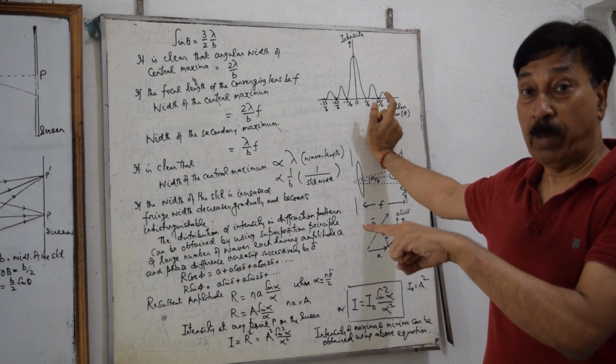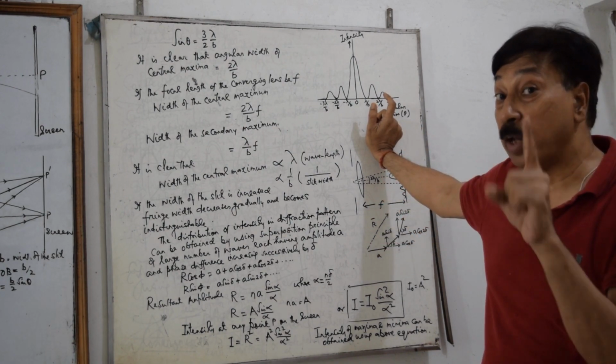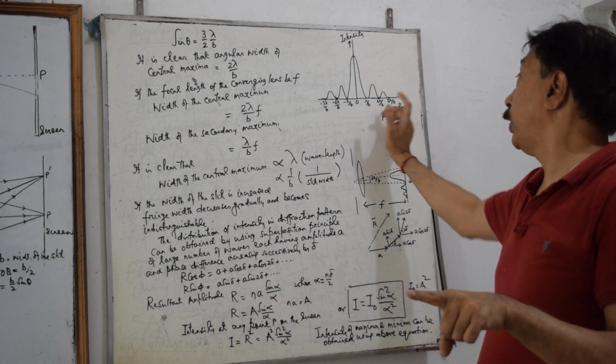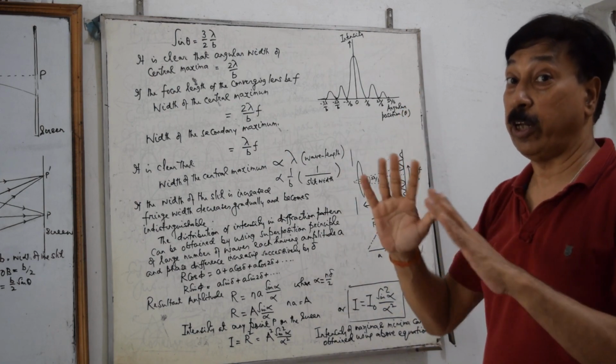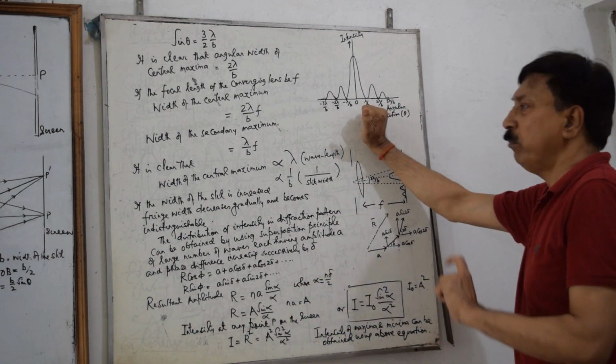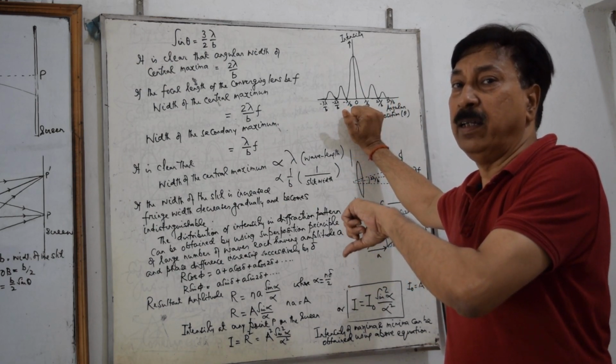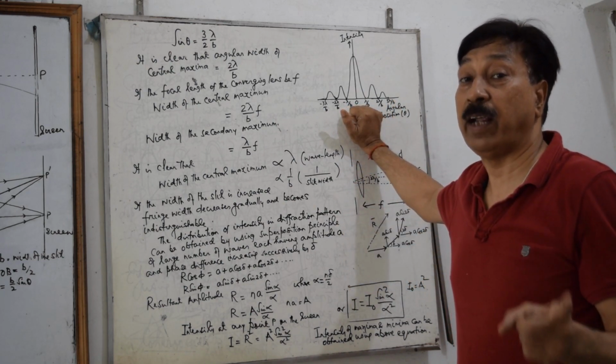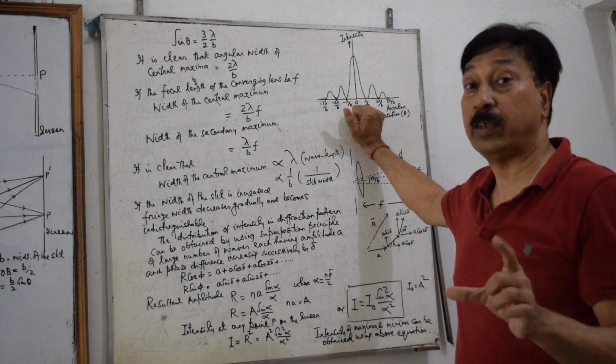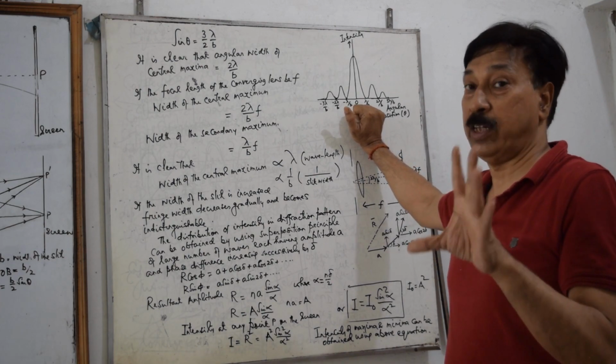The second order maxima similarly we get from one-fifth part of the slit, and this causes a decrease in the intensity because the intensity of the pattern at the screen is directly proportional to the width of the slit which causes diffraction.